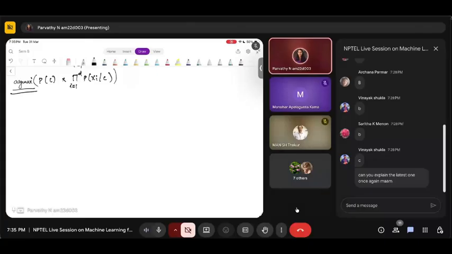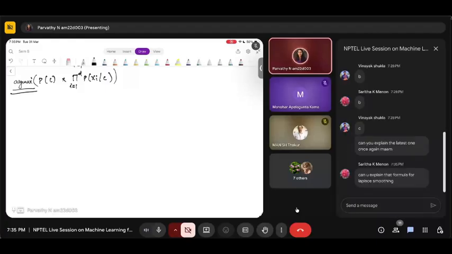Now coming to principal component analysis.